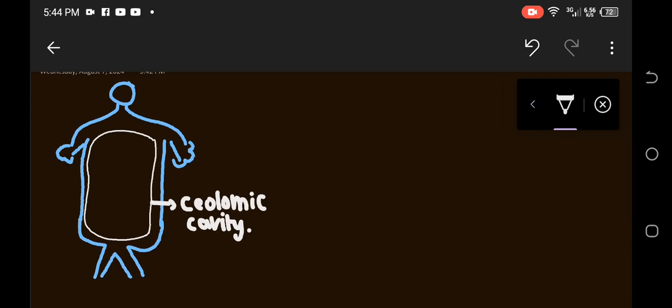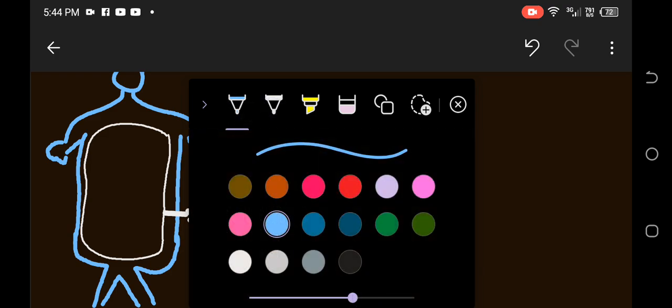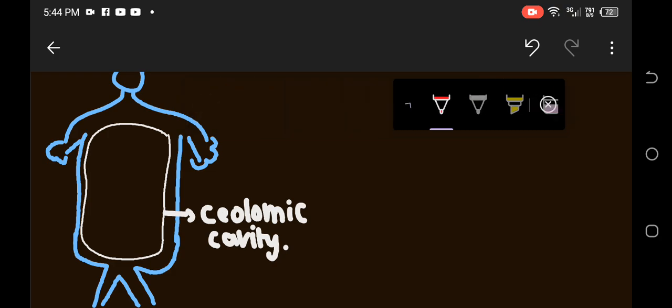In between the coelomic cavity and the body structure, we have the body wall present over here. This is known as the body wall.